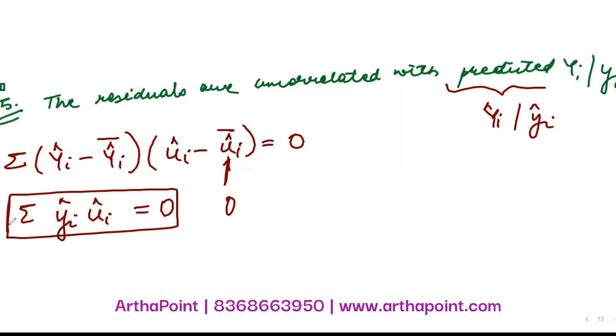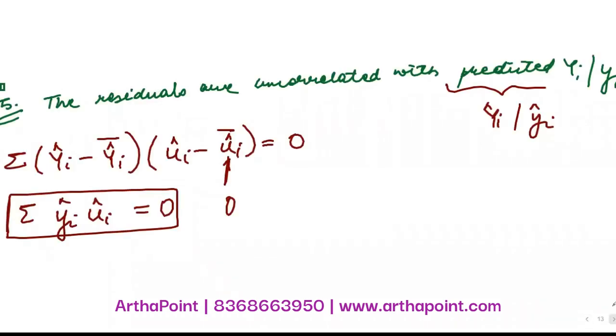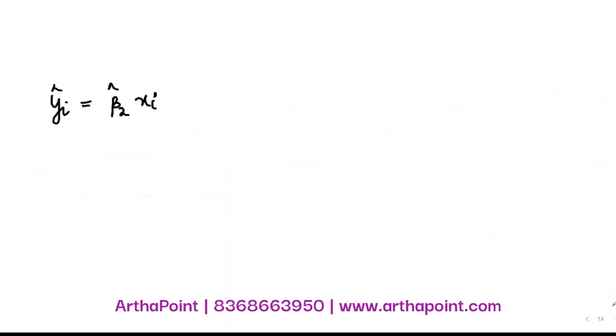Now let's start with the proof. To prove this, let's see what is yi hat. Yi hat can be written as beta 2 hat xi. And how do I know this? I know this from our last proof.